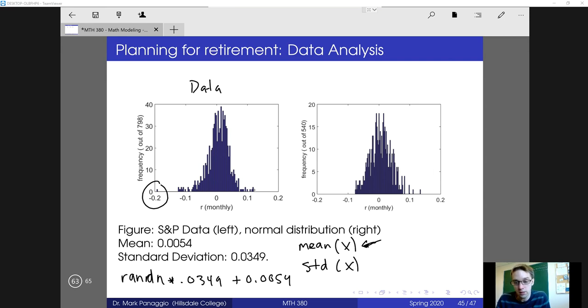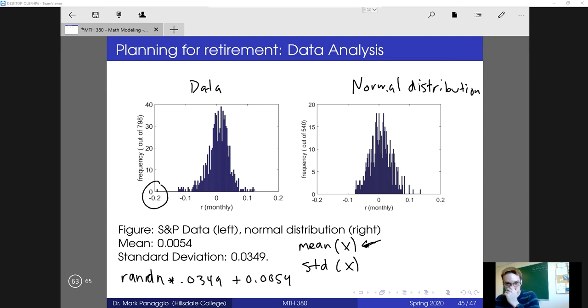Another way that you could do this is to take that list of returns, think of it as just a list of random numbers, and then randomly draw from that list. One of the reasons that might be a better approach is that when you compare the data to our normal distribution, although they look similar, they're not exactly the same.